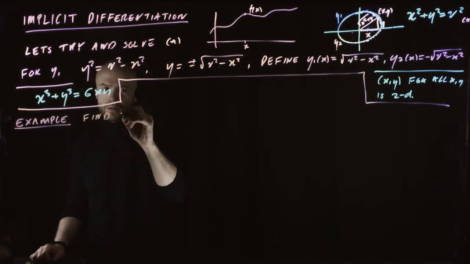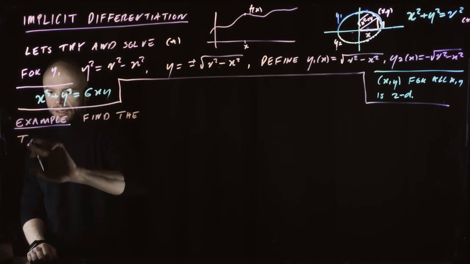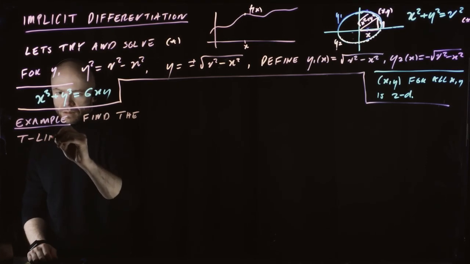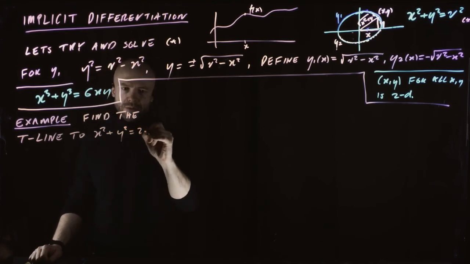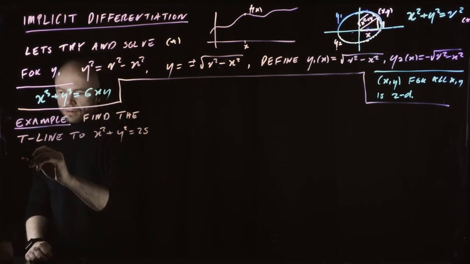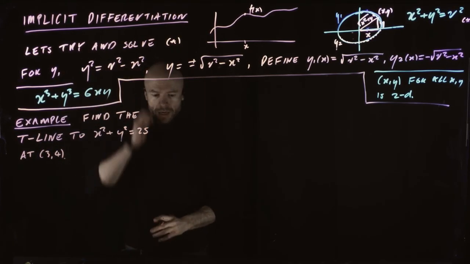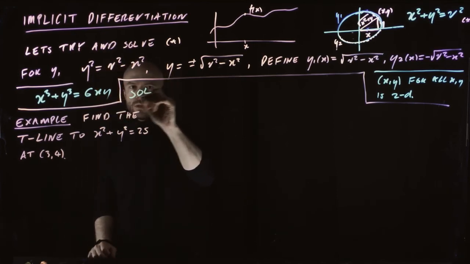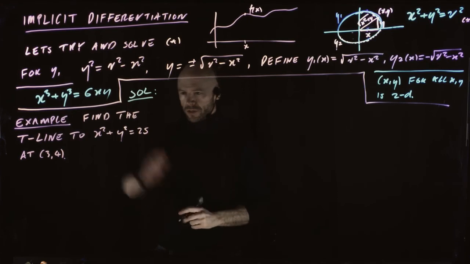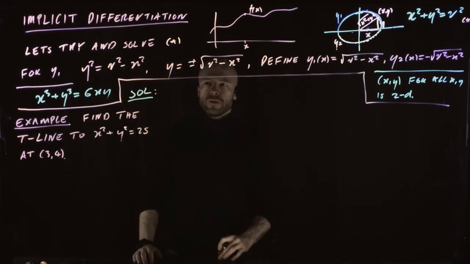Find the tangent line, I'll just call it T line, to x squared plus y squared equals 25 at (3, 4). Okay. Solution. First step, let's check that this point is actually on the curve. So 3 squared is 9, 4 squared is 16, 9 plus 16 is 25. This is definitely on the curve.